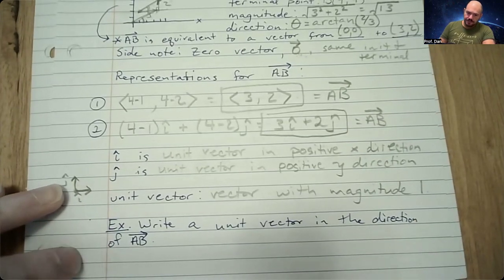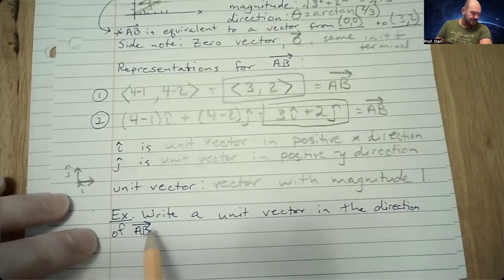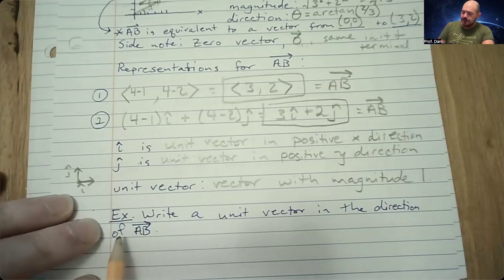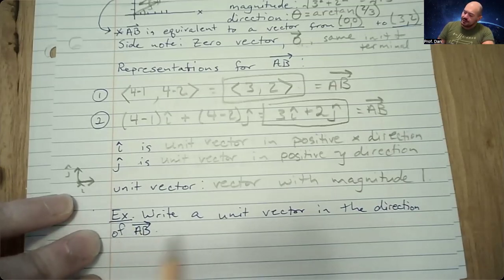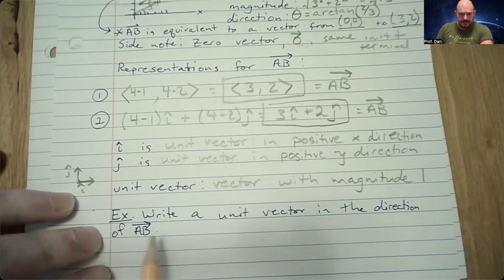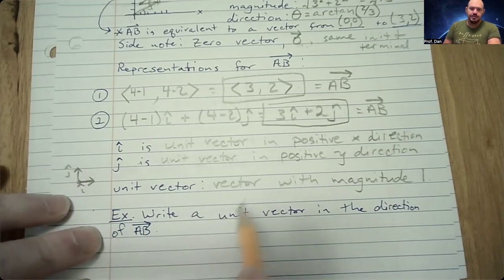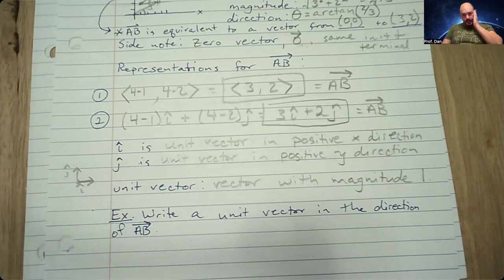Other kind of side quest here. Write a unit vector in the direction of AB. So this is also kind of a common thing that we see when we learn about vectors.